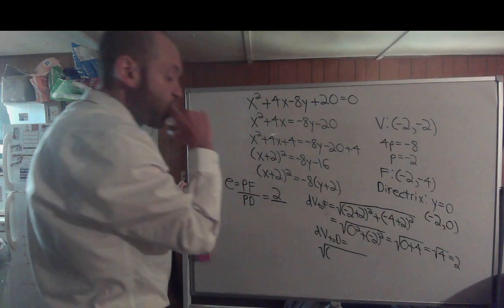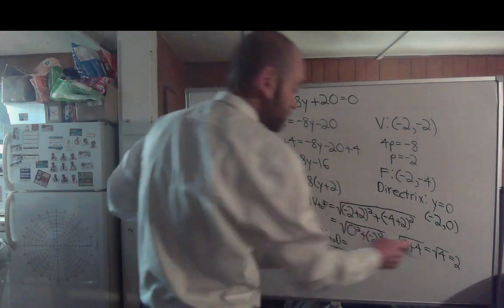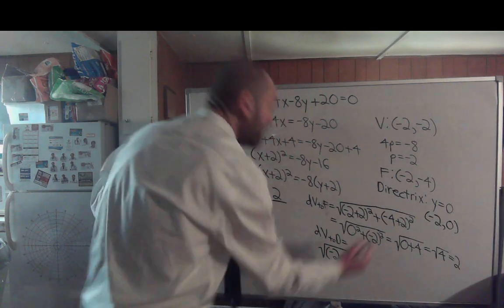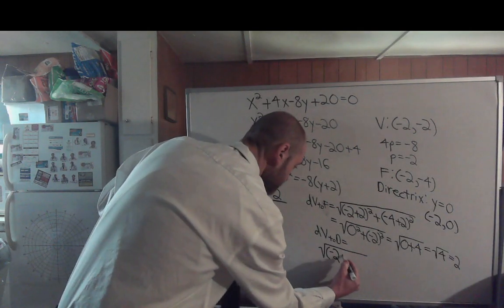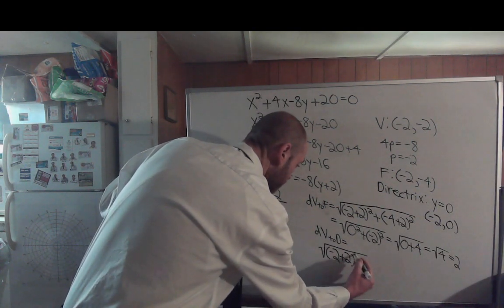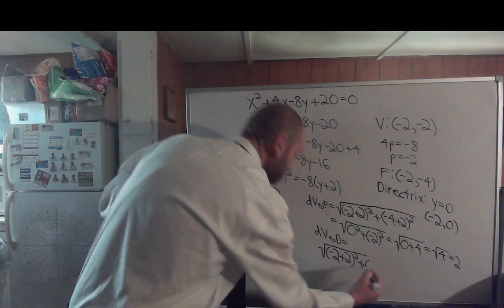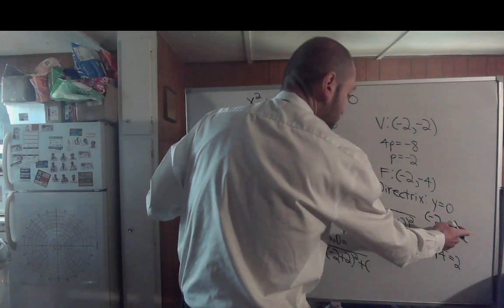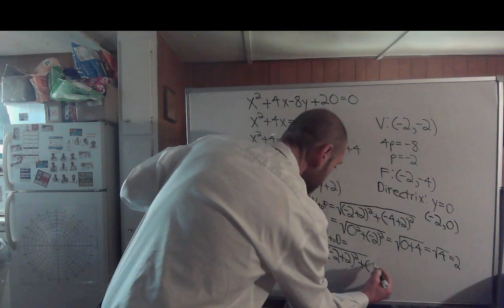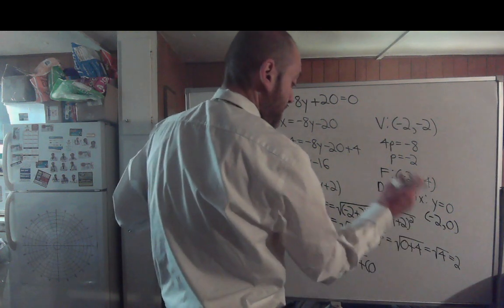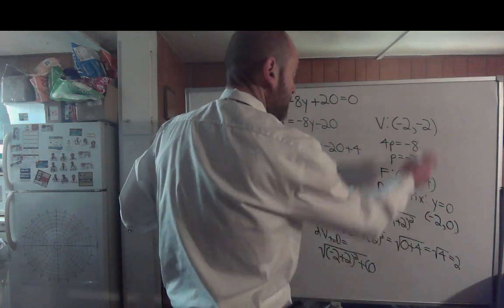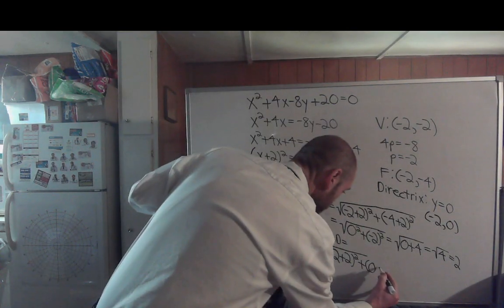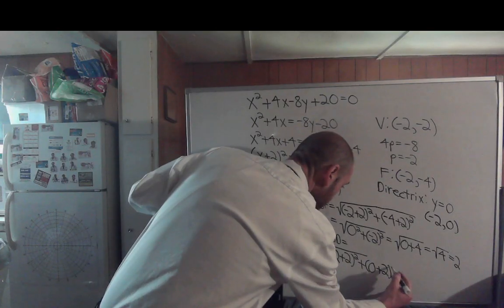If we make the directrix our x2, we'll take that negative 2 minus the negative 2 from the vertex, so that's negative 2 plus 2 quantity squared, plus, now if I take my y2 of that 0 on the directrix, minus my y1 of the negative 2 on the vertex, 0 minus negative 2, well that's 0 plus 2 squared.